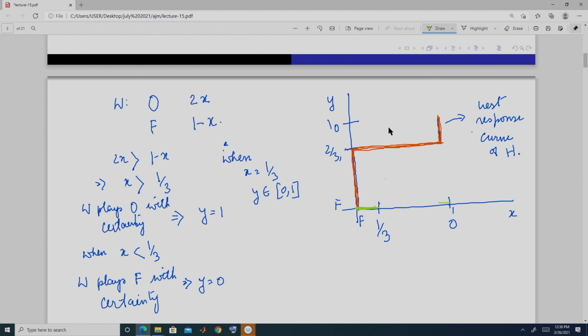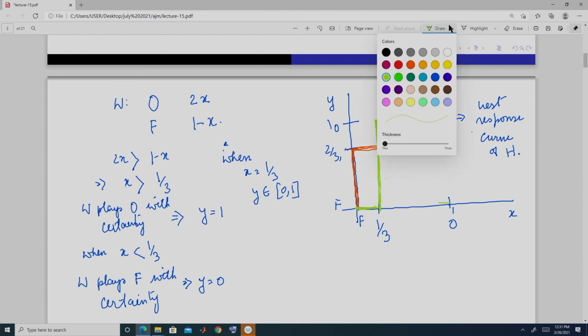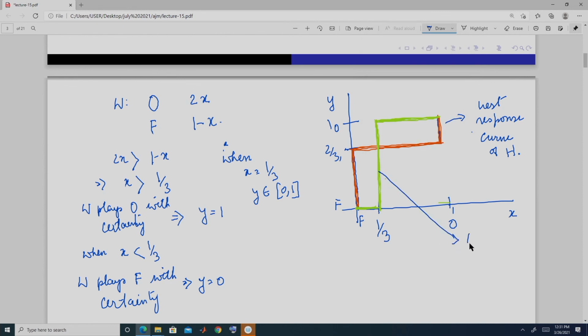So, it is here. So, it is this curve, and when x takes value 1/3, y can take any value between 0 and 1. So, it is this. So, this green line is the best response curve of player 2, of wife.